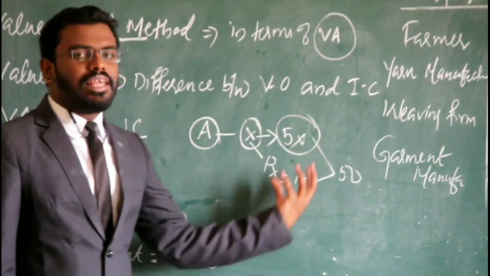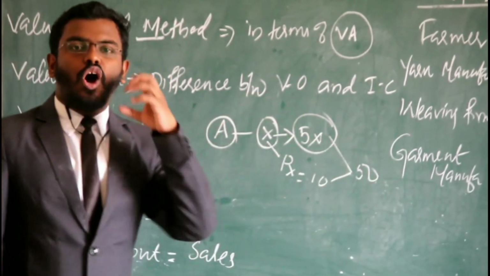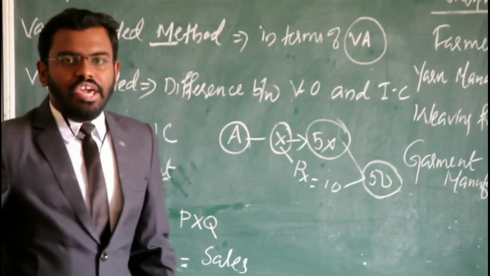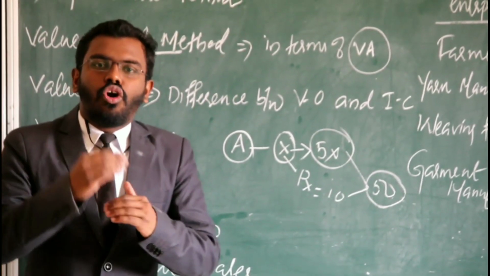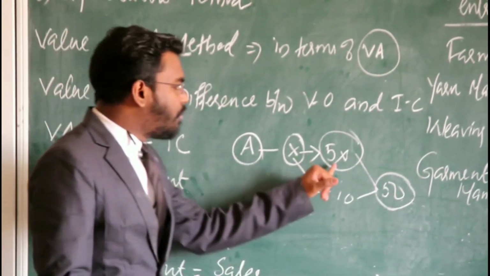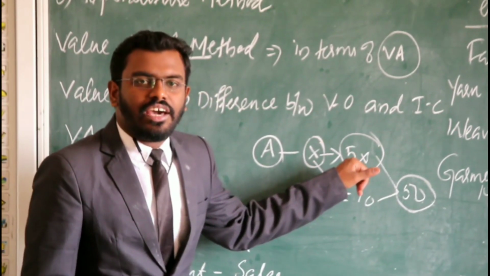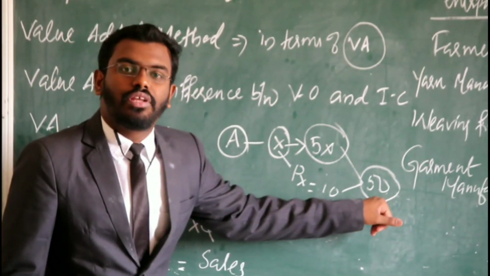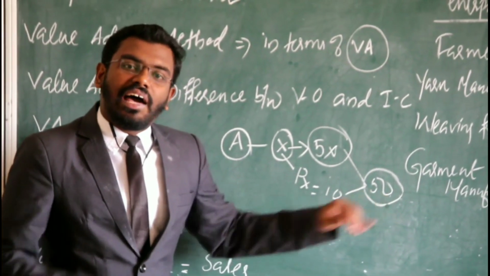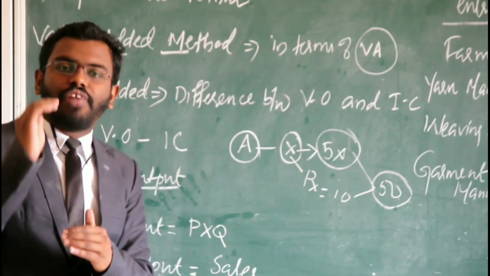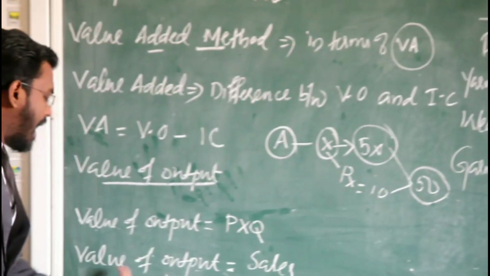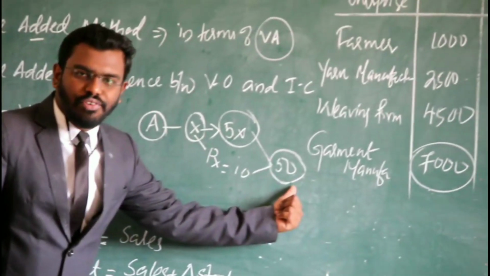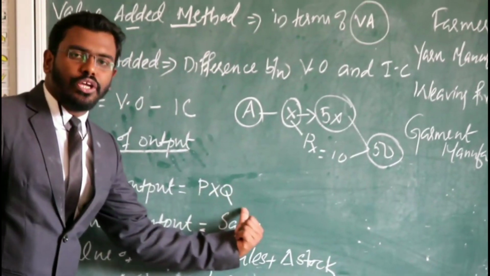After selling these 5 units, how much revenue will the producer get? 50 rupees, if he sells his entire output. So in another form we can define value of output as equal to sales. Here sales revenue is 50, which is equal to P into Q.